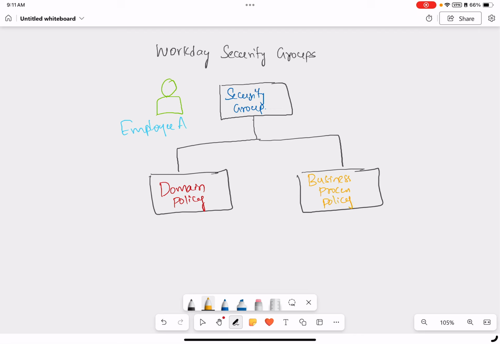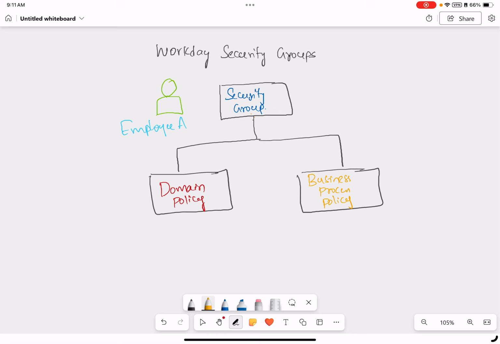So let's start with the user, the employee. Every person in Workday needs access to perform tasks. These users are assigned to security groups. Security groups define who can do what in the system.